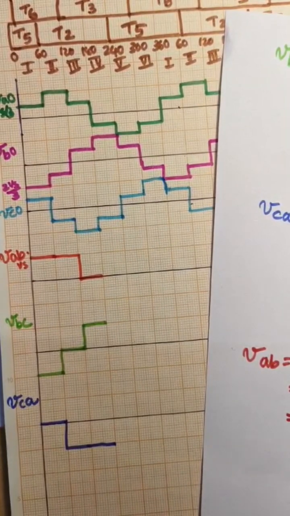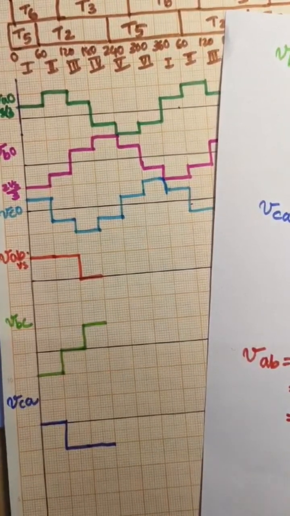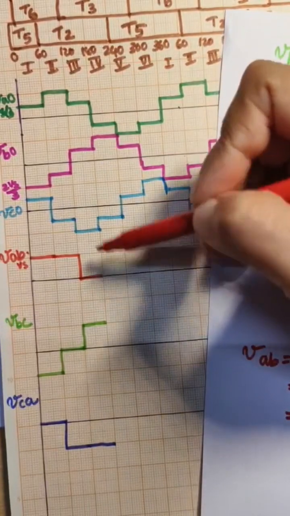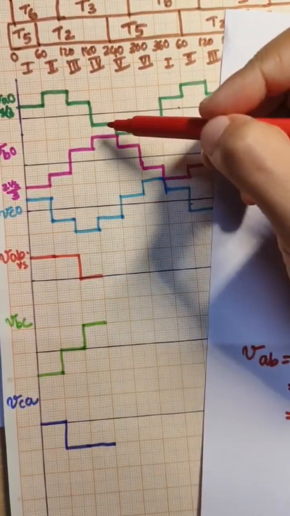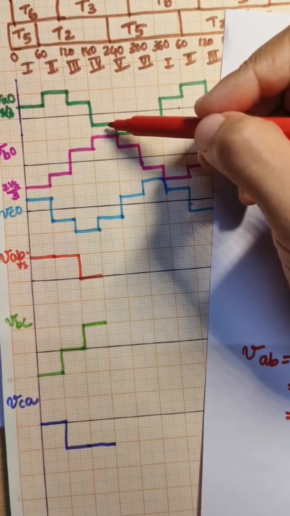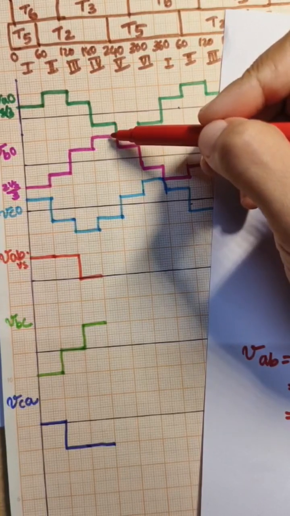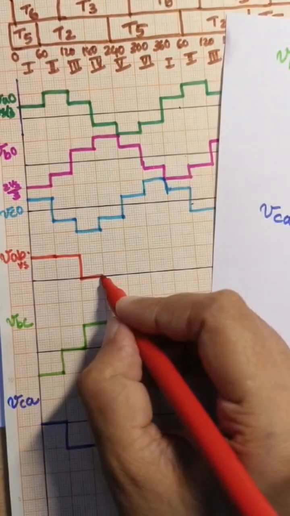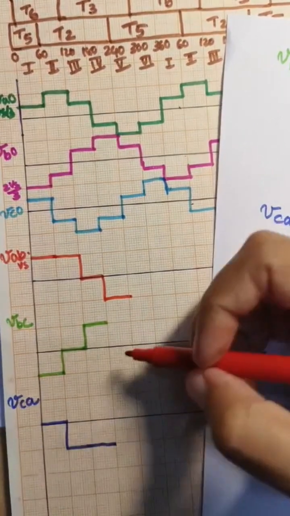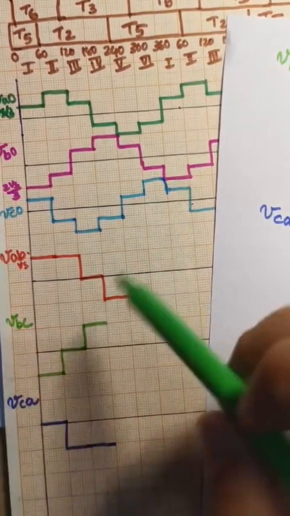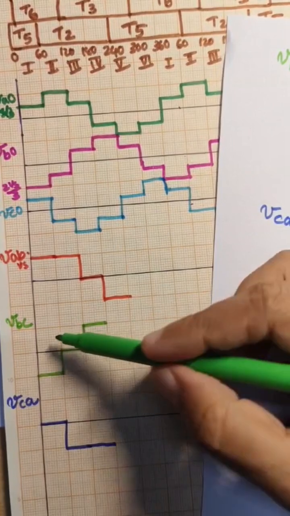Now next step, the fourth step. Here directly we can write VAB is equal to VAO minus VBO. That is VAO is minus Vs by 3, minus 2 Vs by 3, which is equal to minus Vs. Next line to line voltage, fourth step, VBC.